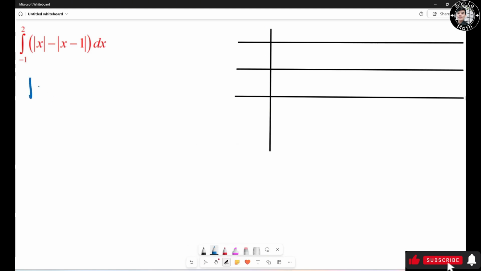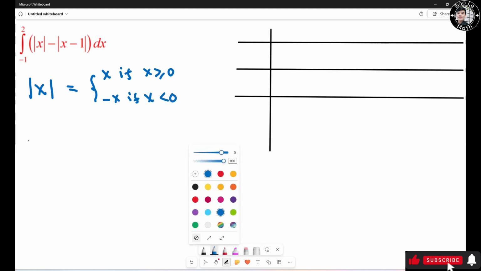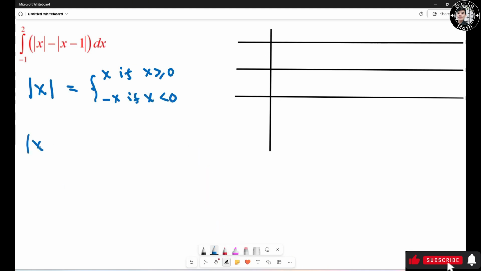So we have absolute value of s equals s if s is greater than or equal to 0, and negative s if s is less than 0.